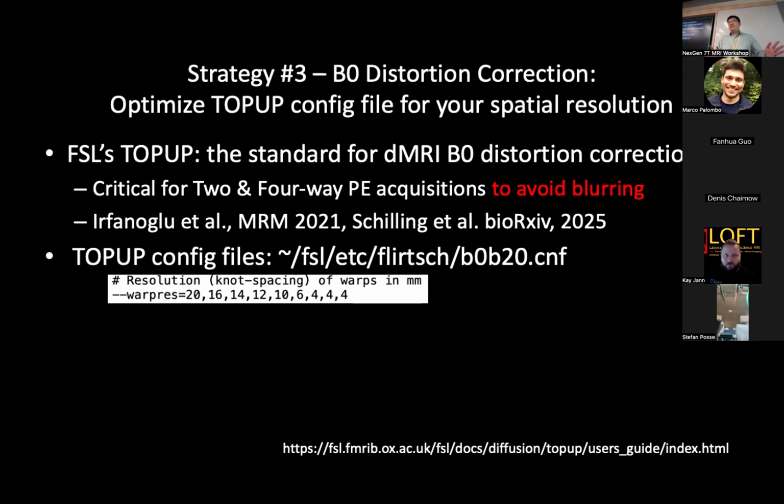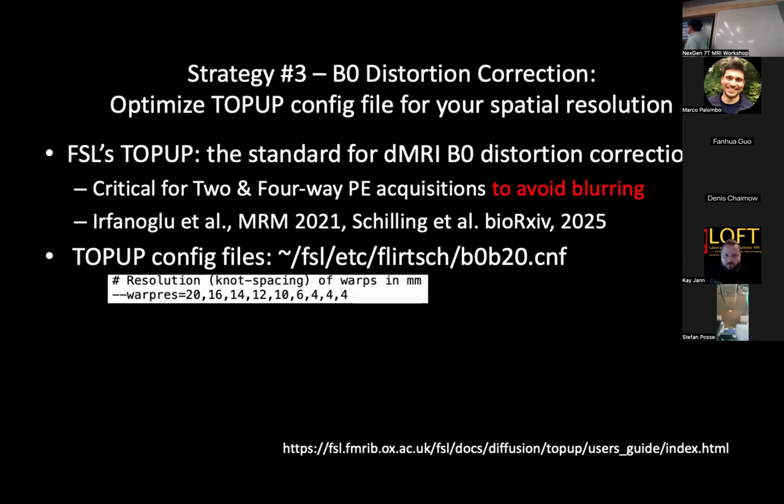Over this U24, I had the chance to collaborate with some of the best diffusion labs in the world, and nobody checks this. Everyone uses the default, and I'm going to show you why it's important not to. As Kurt showed, a lot of groups are starting to do 2-way or 4-way phase encode acquisitions to spread diffusion directions across the different phase encodes, and you want all of those co-registered and undistorted when you combine them.